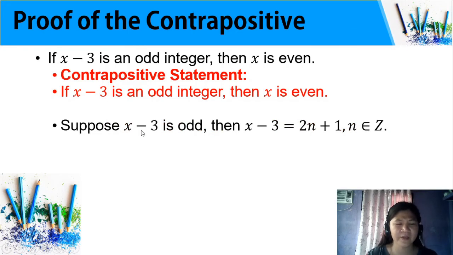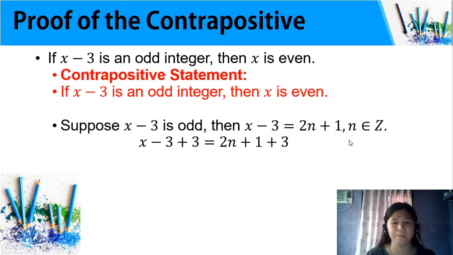Suppose x minus 3 is odd, then we have x minus 3 equals 2n plus 1, where n is an element of Z. To derive x, we add 3 to both sides of the equation. So we have x minus 3 plus 3 is equal to 2n plus 1 plus 3, and it follows that x is equal to 2n plus 4.